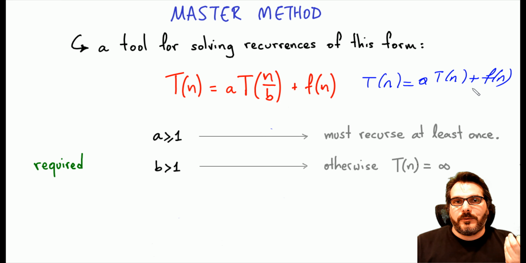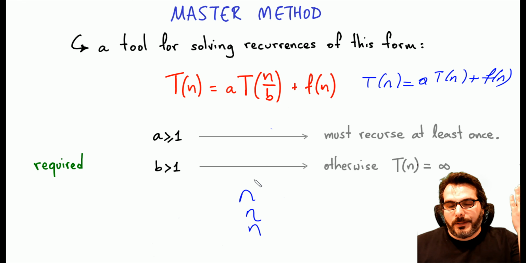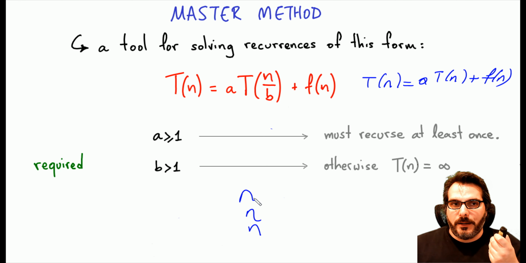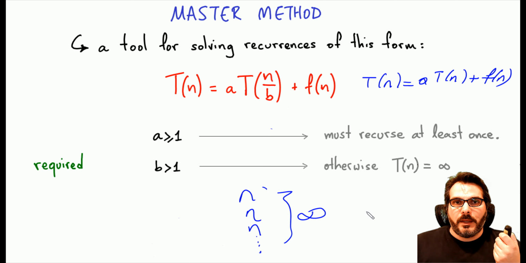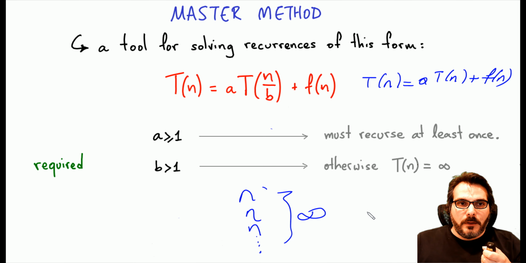Each time you recurse, you have some n-level work here, n-level work here, and n-level work here. I just gave n as an example. Basically, it goes and goes and never stops, and in the end you reach infinity, which we don't want to deal with because you cannot bound infinity. We would like to come up with asymptotic bounds.